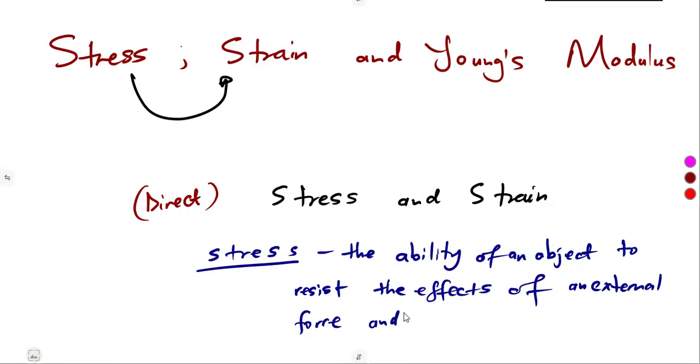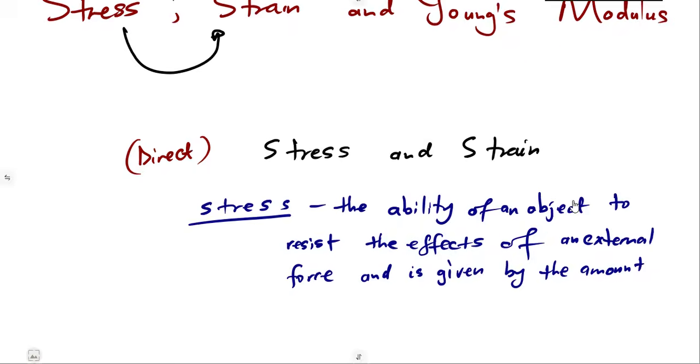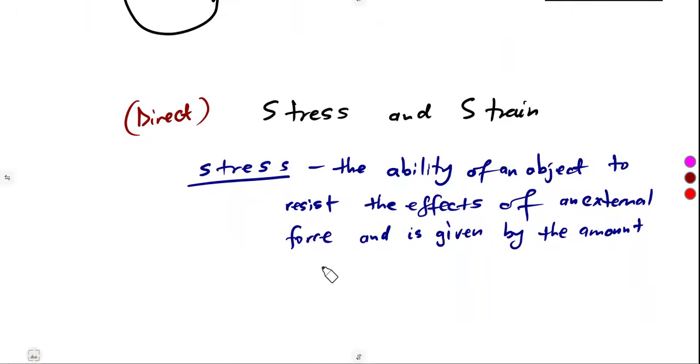And is given by the amount of load per unit area. All right, and is given by the amount. So this is what we're going to have there. The amount of what? Of load. So this is the amount of load per unit area.